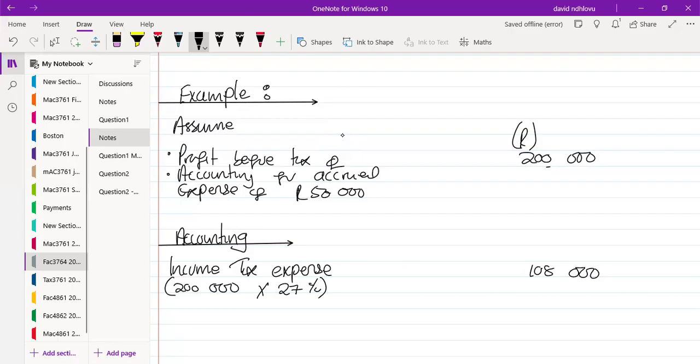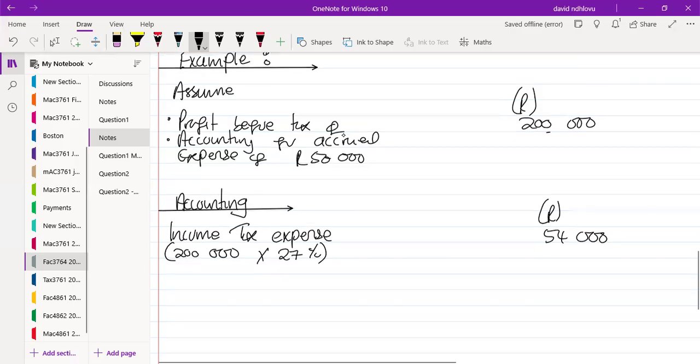By 27%, that will be 54,000. So you have to understand this 54,000. Based on our principles in accounting, this is the amount that we are owing SARS for tax purposes, based on the principles of taxation. Are we clear about that, good people?